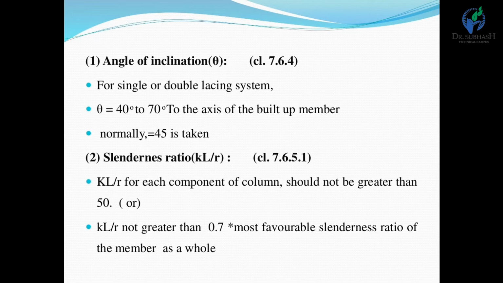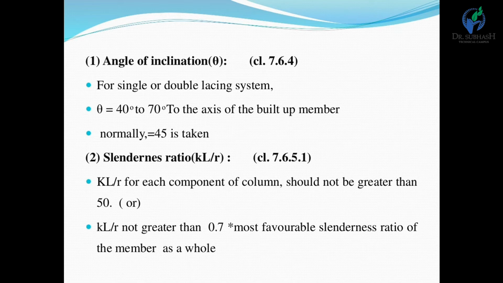The second one is the slenderness ratio, which we denote by KL/r. It is given in clause number 7.6.5.1. KL/r for each component of the column should not be greater than 50, or not greater than 0.7 times the most unfavorable slenderness ratio of the member as a whole.